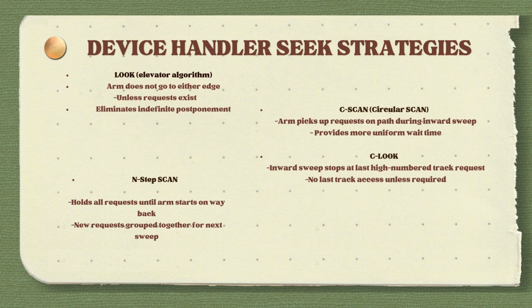The concept guiding the modification is that by the time the arm reaches the highest number track, there are few requests immediately behind it. However, there are many requests at the far end of the disk, and these have been waiting the longest. Therefore, C-scan is designed to provide a more uniform wait time.